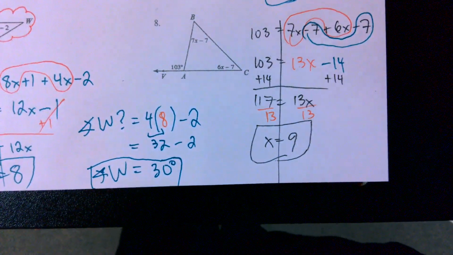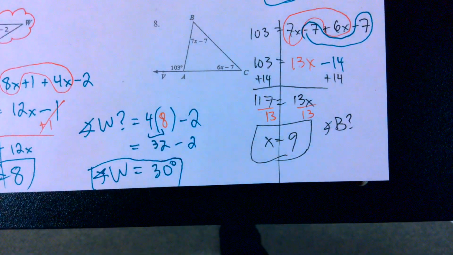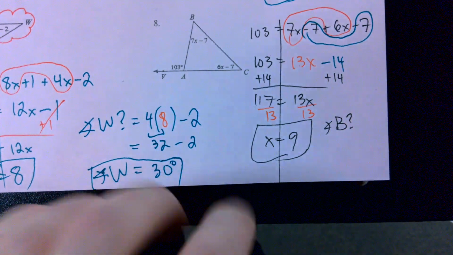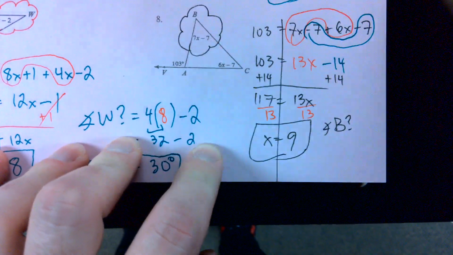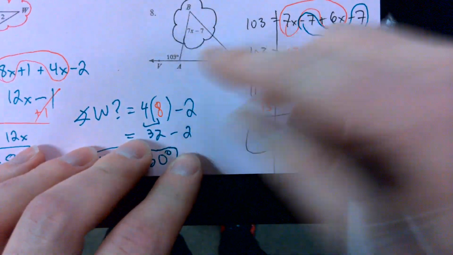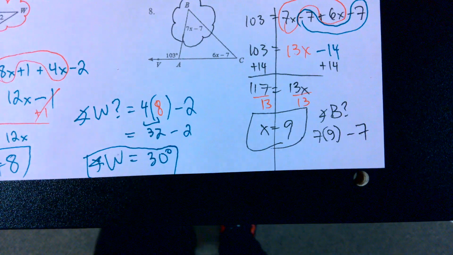And what if we wanted to find the measure of angle B? How can I find the measure of angle B in this scenario? Well, what expression is equal to angle B? 7x minus 7, right? That's my angle B. So I could do 7 times 9 minus 7.